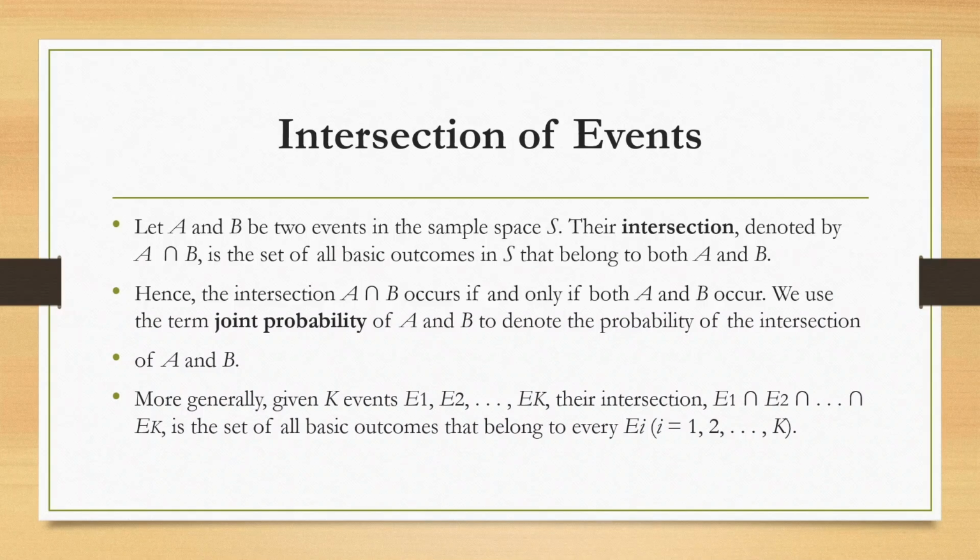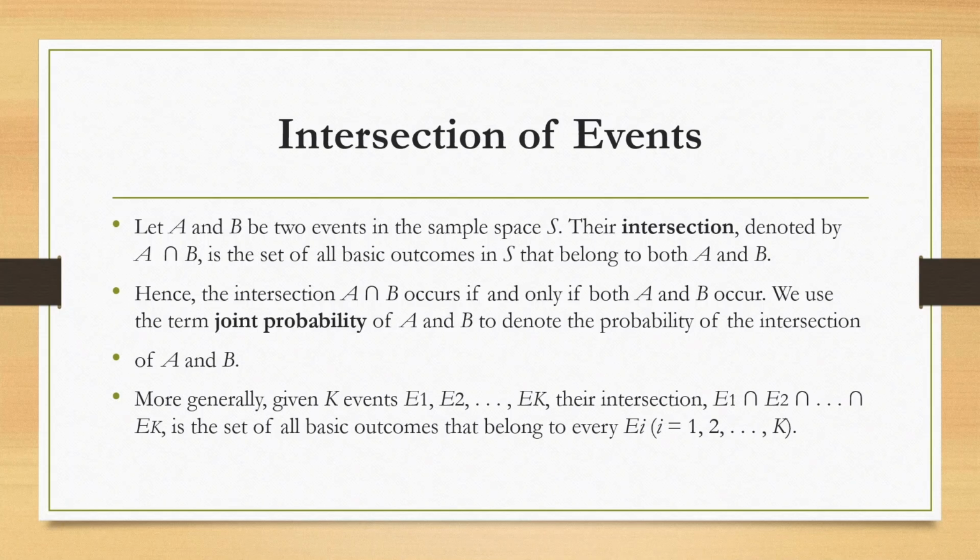What do we mean by intersection of events? Let's say we have any two events, events A and B, in a sample space S. Their intersection, which is denoted by the letter U upside down, so to speak, is a set of all basic outcomes in S that belong to both A and B. Hence, the intersection of A and B occurs if and only if both A and B occur.